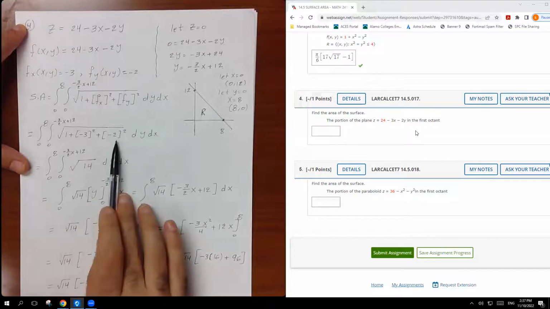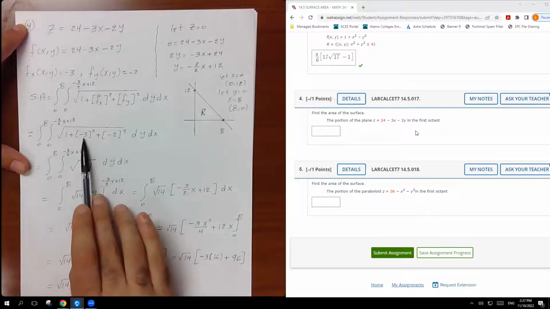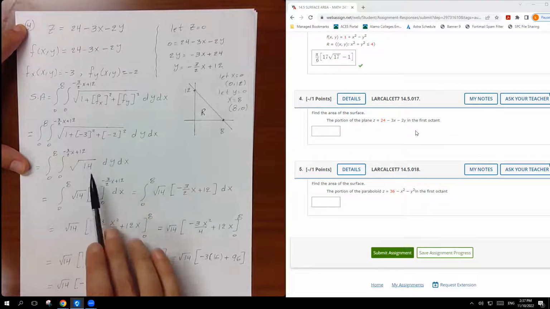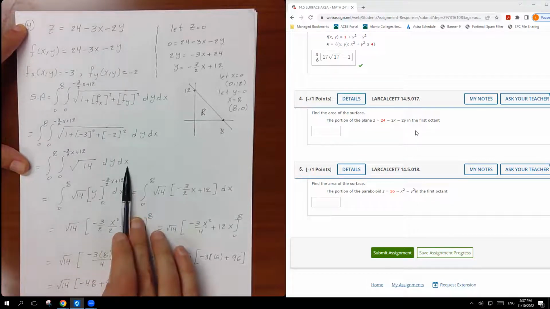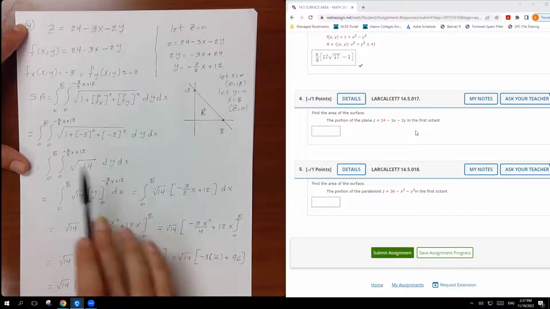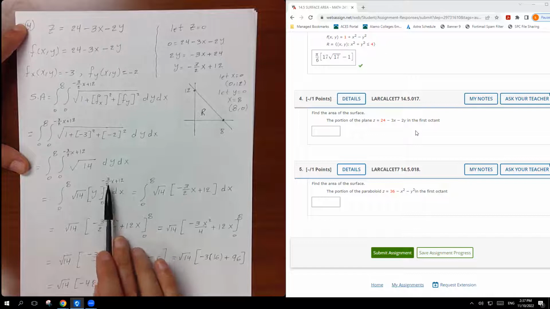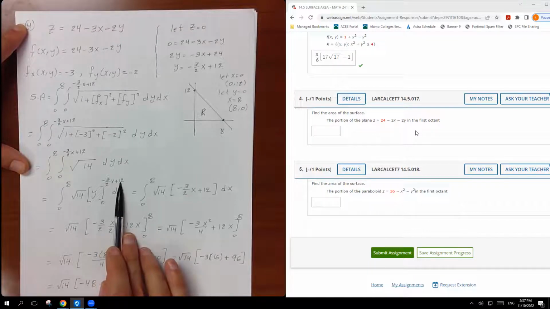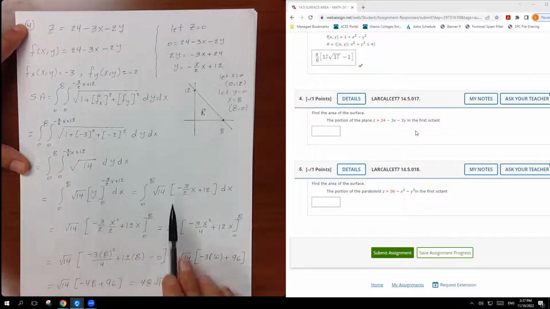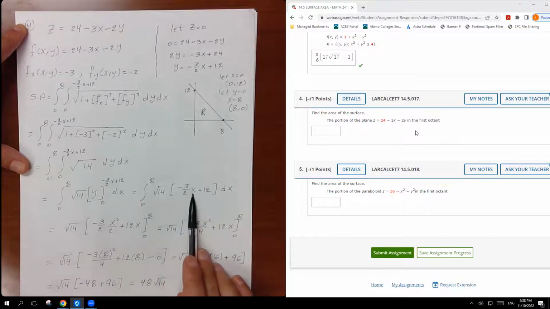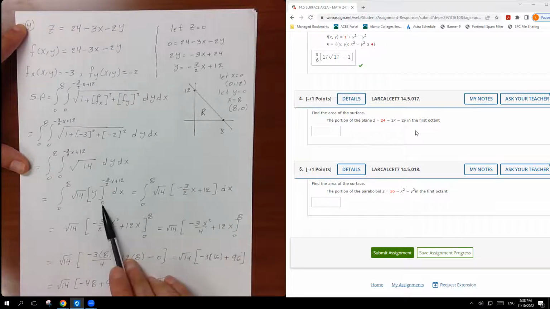Plug in these two here. Squared is going to be 9 plus 4, 13, plus 1, square root of 14, dy dx. Then find the integral with respect to y. So it's y from 0 to negative 3 over 2 x plus 12.